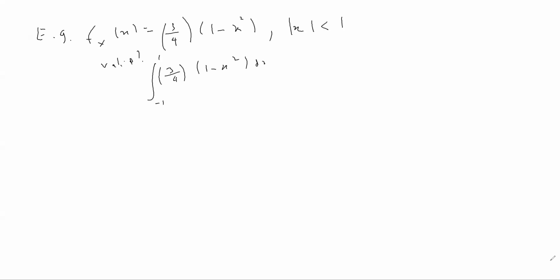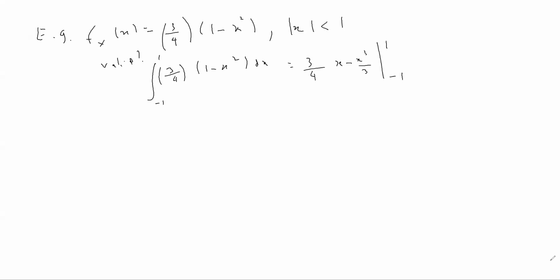This is harder to do because it's a quadratic curve, so finding the area under the curve is a lot harder. So what we do here is 3/4 times x minus x cubed over 3 from -1 to 1.